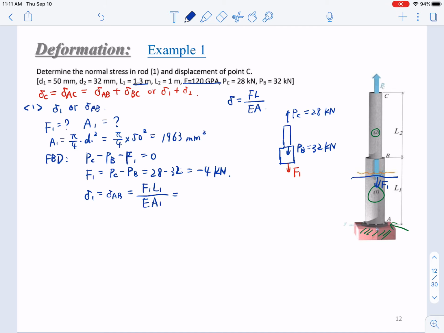Here you can see that we have determined different values, but their units may be not compatible, right? So we have the A in square millimeter, we have the F in kilonewton, and we have the E in gigapascal. So we have to do some conversion of the units, to make them compatible. We have talked about the unit conversions in chapter 1. I emphasize that again, you should be very familiar with them.